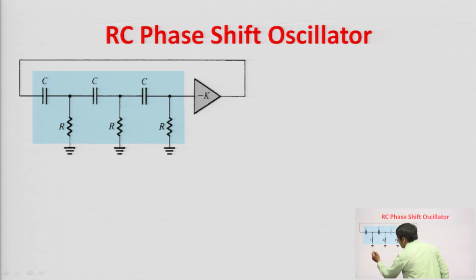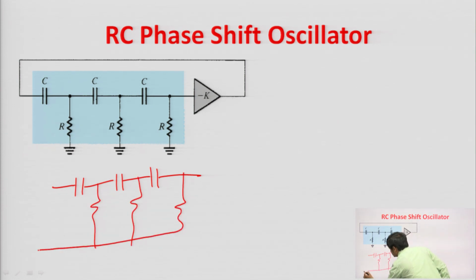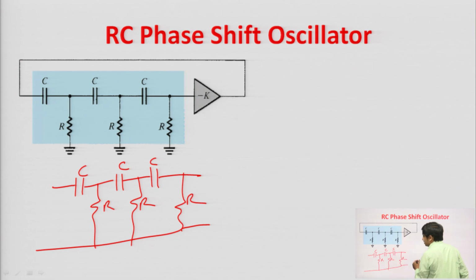I am drawing the feedback network separately just for calculation purposes. This one is your C, R, R, R. Now, this is the feedback network, and the input of the feedback network is V naught, coming from the output, and the output of the feedback network is Vf.